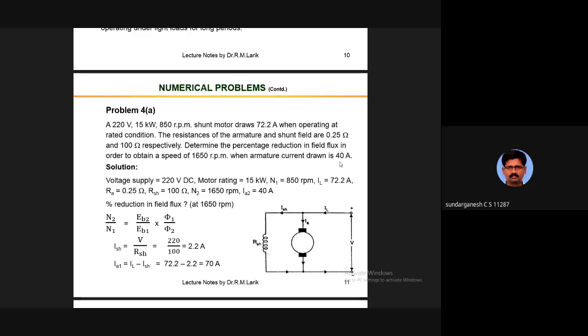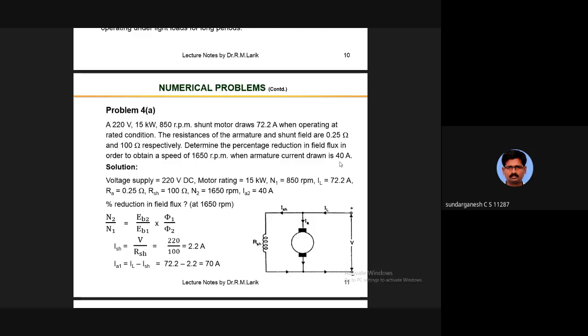Next is 850 RPM, which is a speed. It takes 72.2 amps, which is the load current, IL, when operating at rated condition. Next, the armature resistance Ra is 0.25 ohm, and the shunt field resistance is 100 ohm.